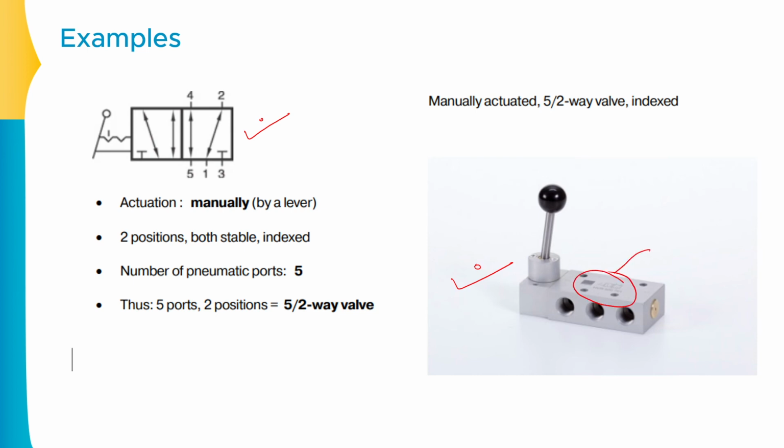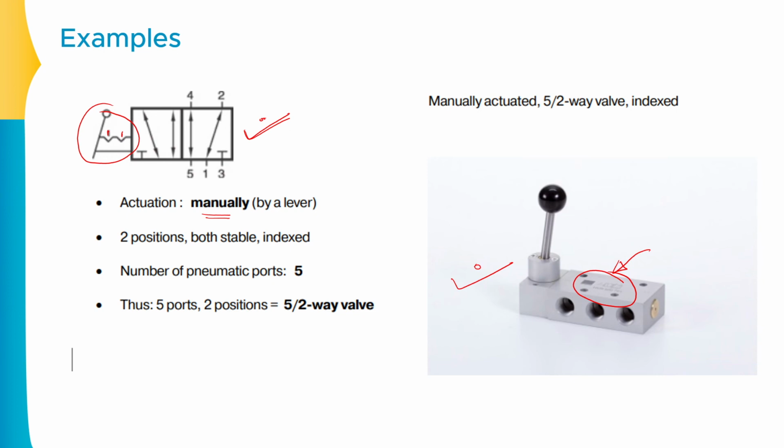You can observe the symbol drawn over here. This valve is a manually operated valve, because the symbol shown here is a lever which actually has 2 positions. At the first position there will be one normal position, and the second position will be the actuated position.